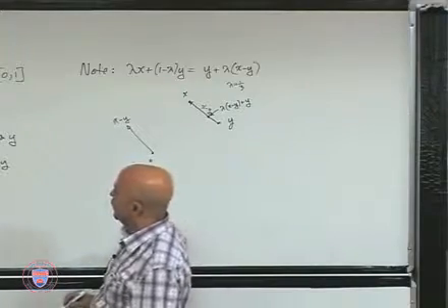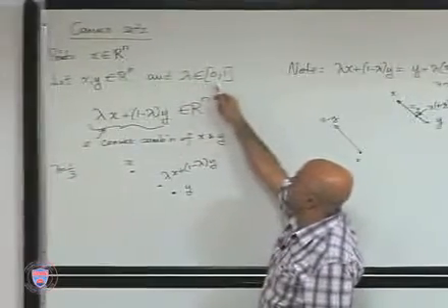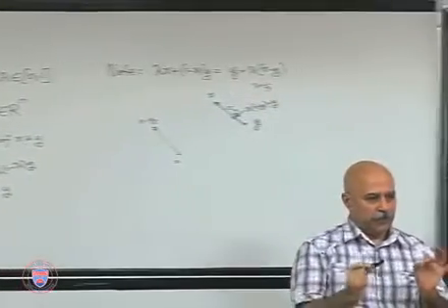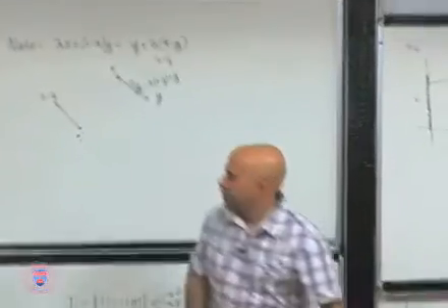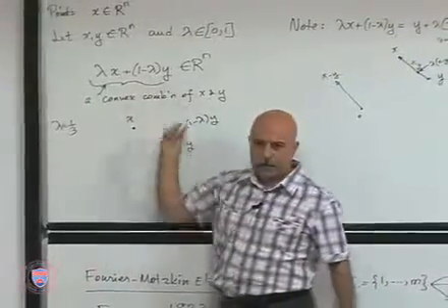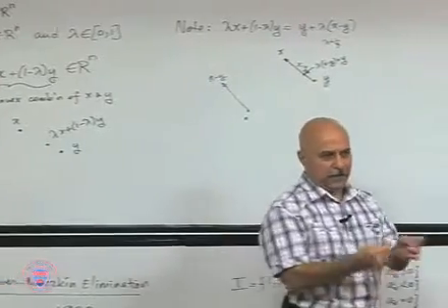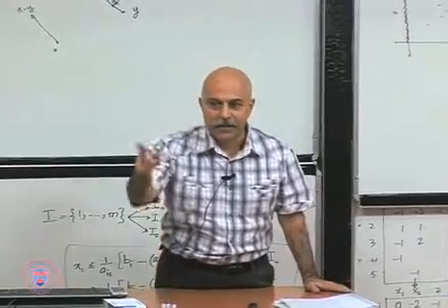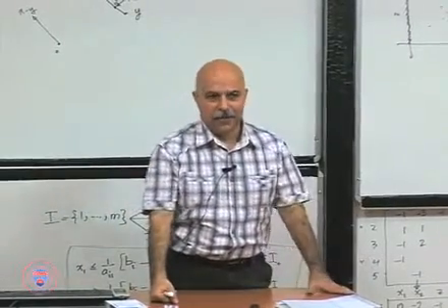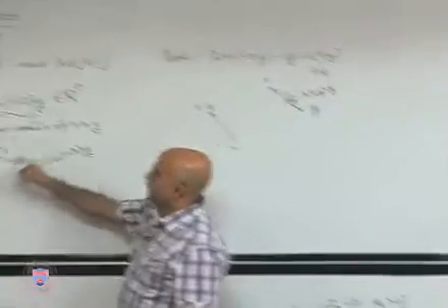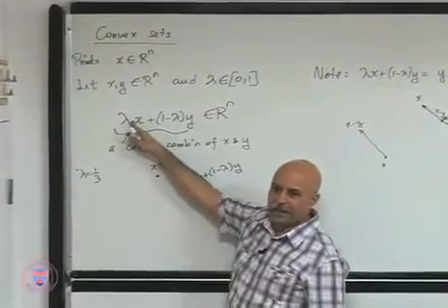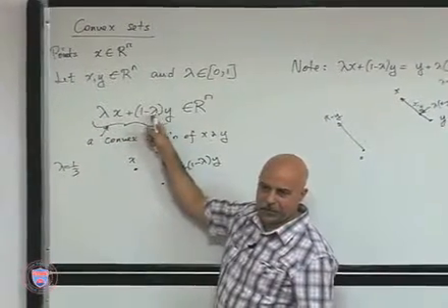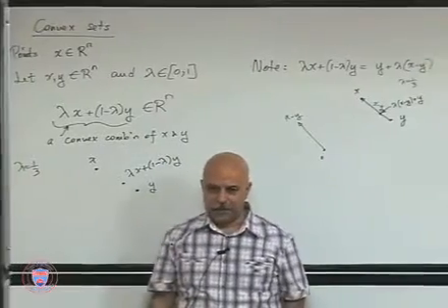If I pick lambda to be any number rather than a number between 0 and 1, but still I'm using lambda x plus 1 minus lambda y, then I still get a combination. But what kind of a combination? It's no longer a convex combination. It's not linear. A linear combination is if you have any real number, say a1 x, and another real number, b1 y, that would be a linear combination, okay?